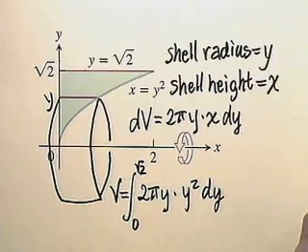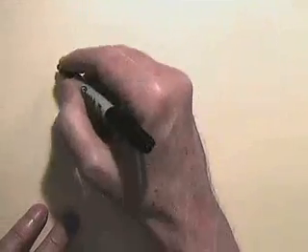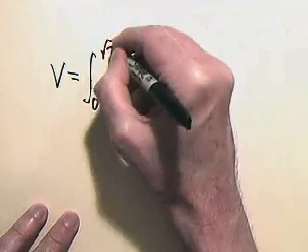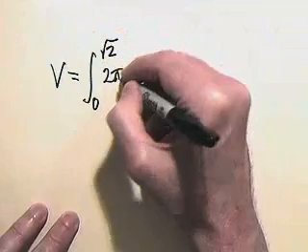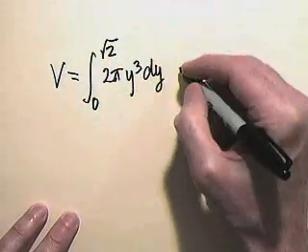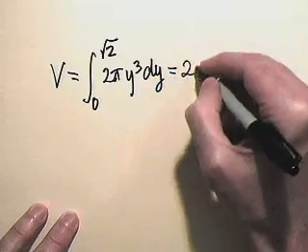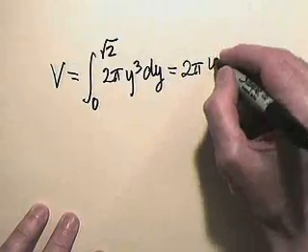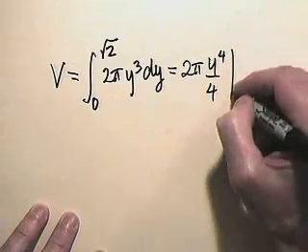So clearly then, all I have to do is integrate, from 0 to square root 2, 2 pi y cubed, which is y times y squared dy. Well, that's an easy one to do. You can take out the 2 pi. Antiderivative of y cubed is y to the 4th over 4.